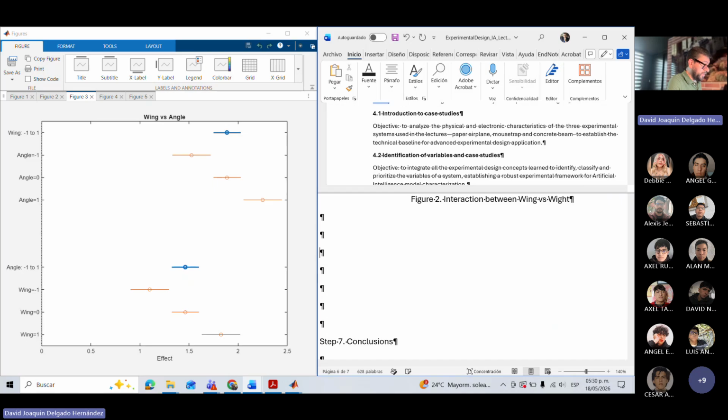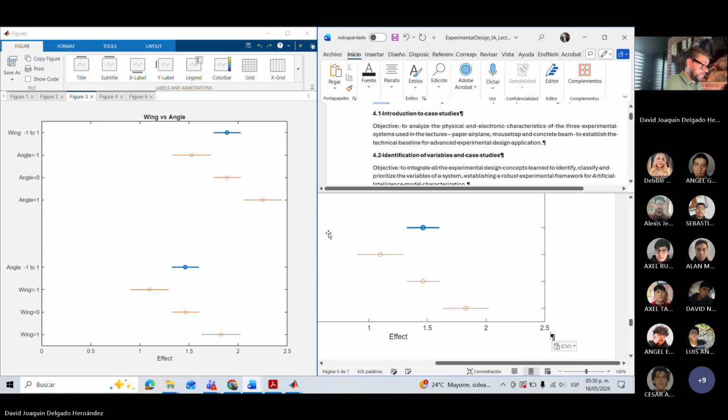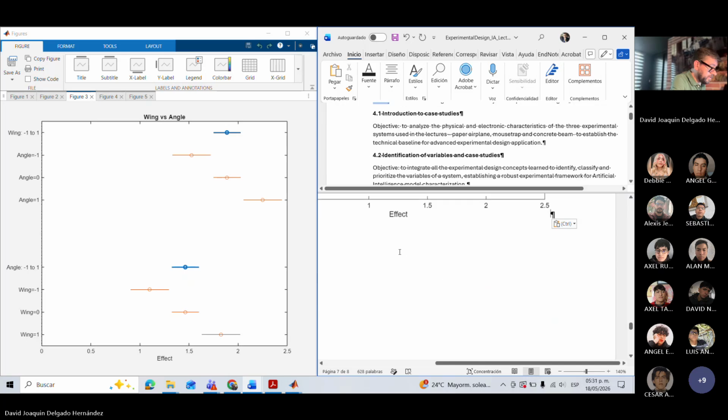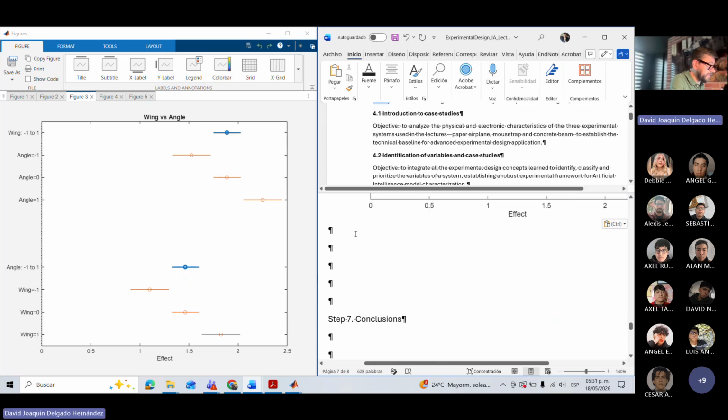So let me copy and paste. Perfect. So in this case, again, there is interaction because the two cross. If I put a vertical line, I can see that they are crossing.